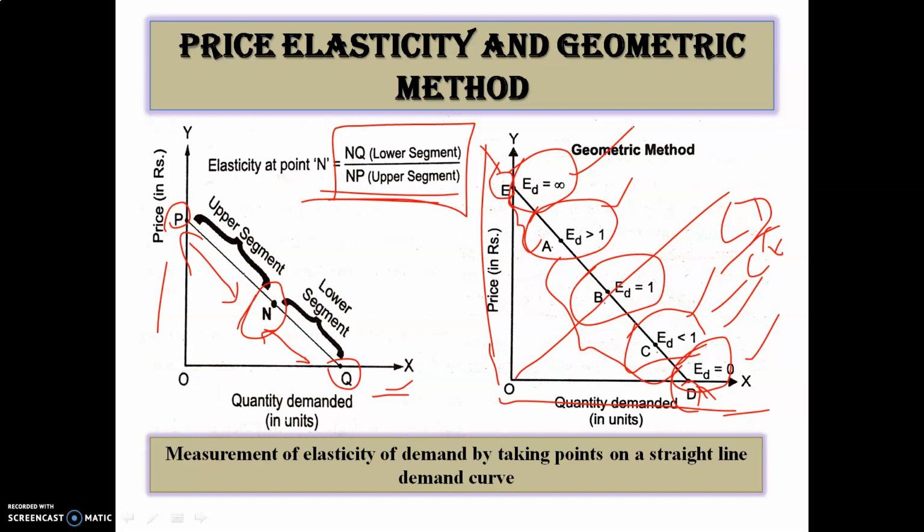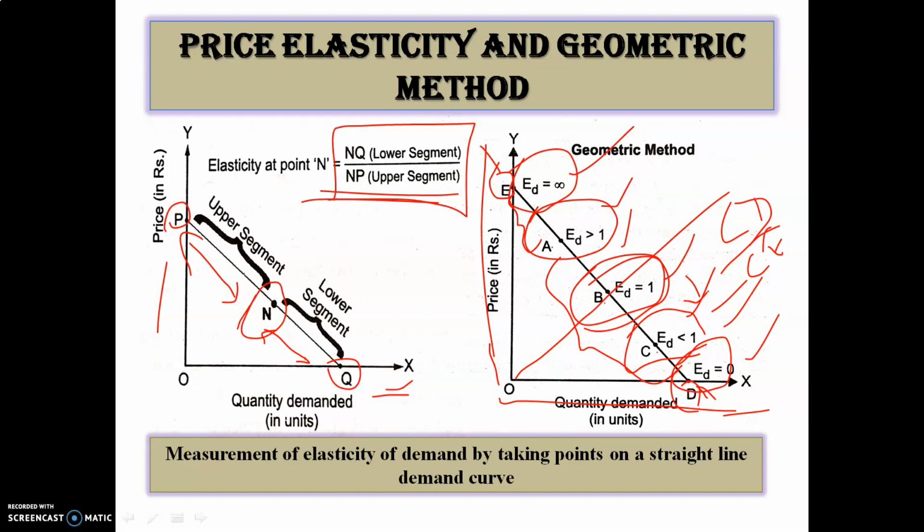You need to remember that the midpoint will be equal to 1, any point above this midpoint will always be greater than 1, and any point lying along the lower segment of the midpoint will represent elasticity lesser than 1.